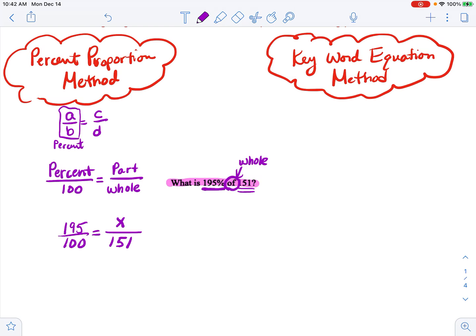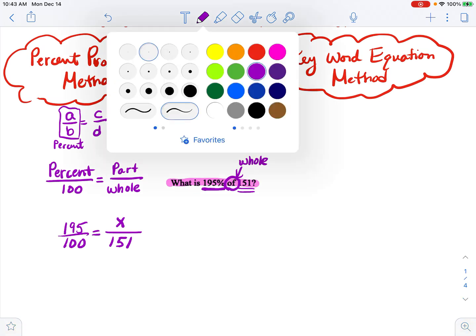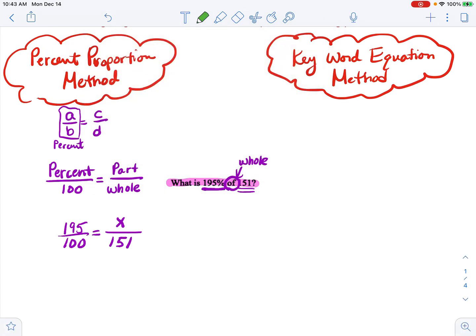Now, how do you solve an equation that's a proportion? Well, let me explain. If things are proportional, then their cross products are equal. Let's say that again. If things are proportional, like this, then their cross products are equal. So remember, product means multiplication. And when we say cross products, what we mean are what we get when we multiply across the proportion.